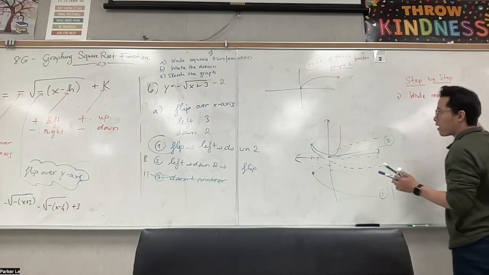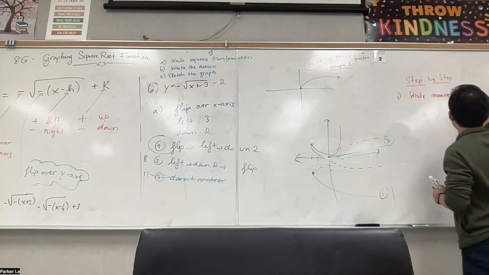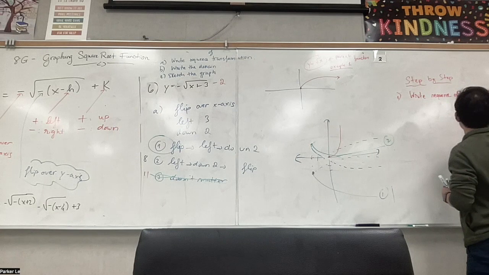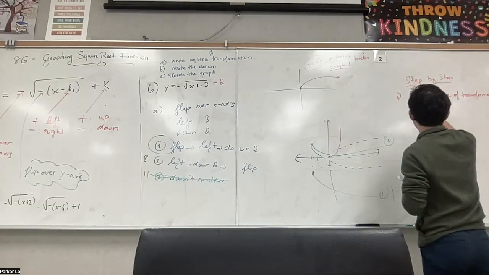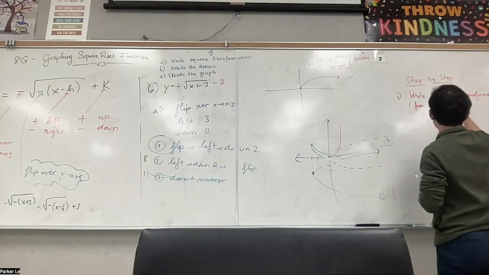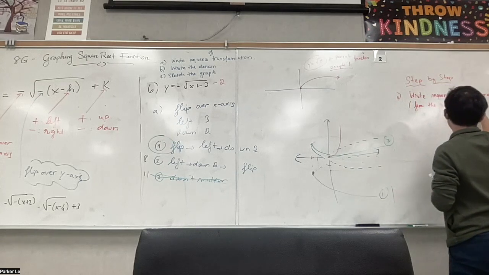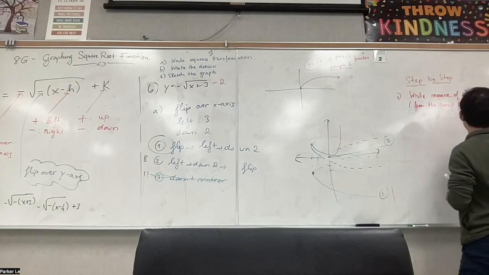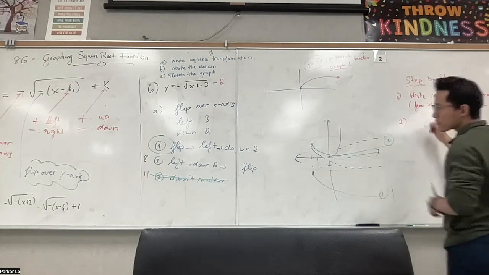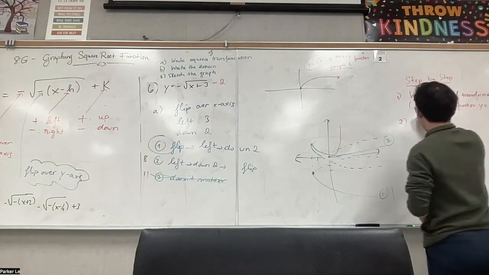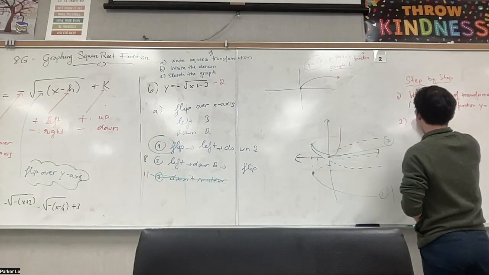That means just write all of the transformation they have from the parent function, y equal to square root of x. Second, transform the route.